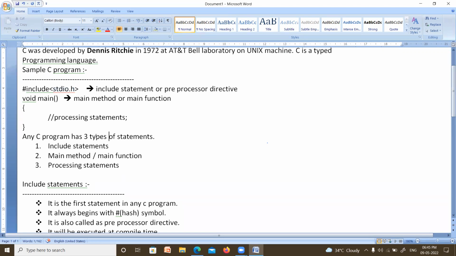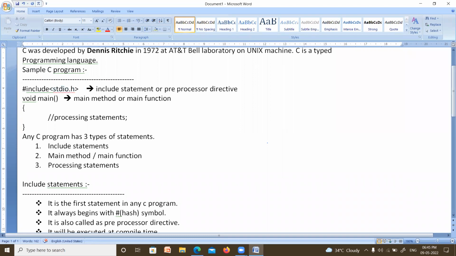In the same manner, to write a program, you require so many tools. Those tools are available in these header files. To use those header file functions, you have to include them in your program. Then only you can use the functions available in the header file.